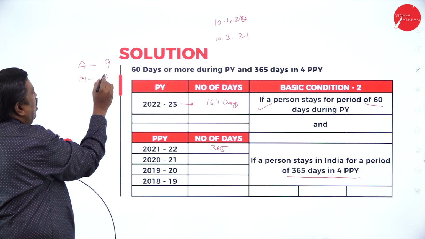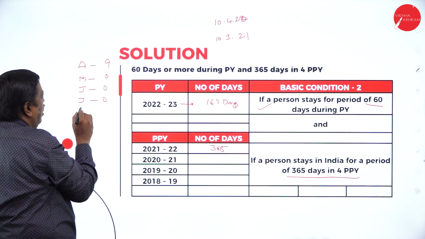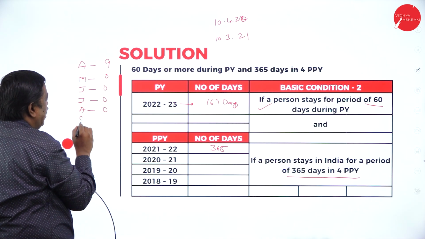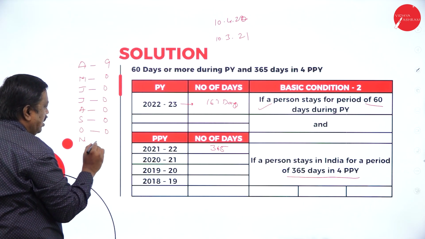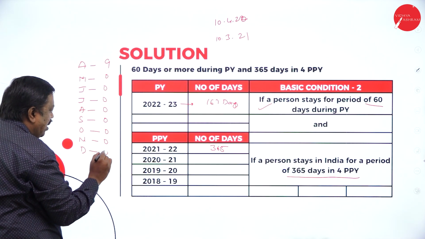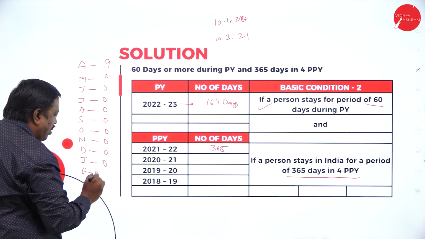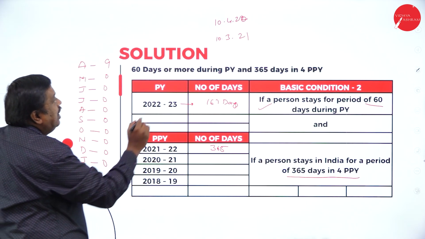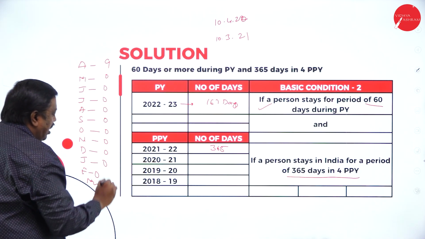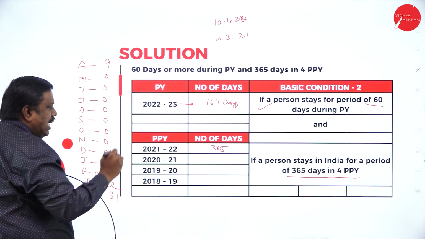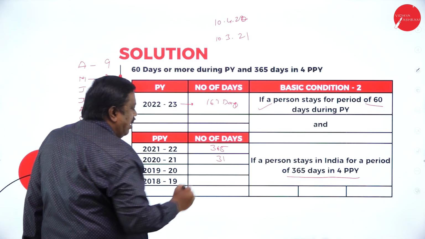May 0, June 0, July 0, August 0, September 0, October 0, November 0, December 0, January 0, February 0. March, I returned back on the 10th, so 22 days. So totally 31 days I was in India during 2020-21.